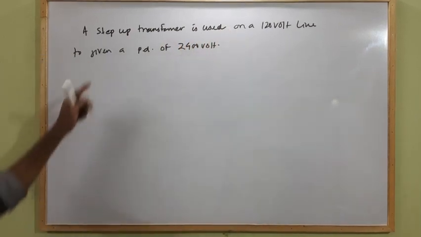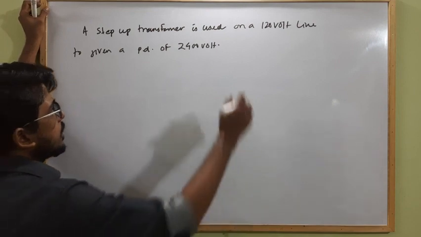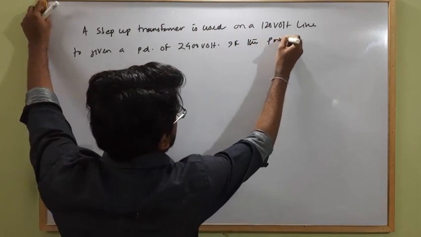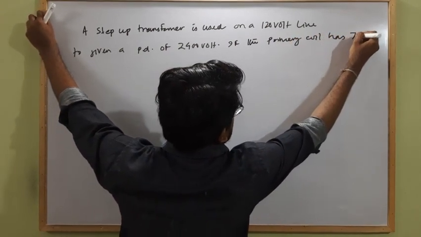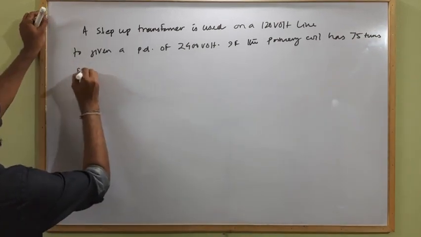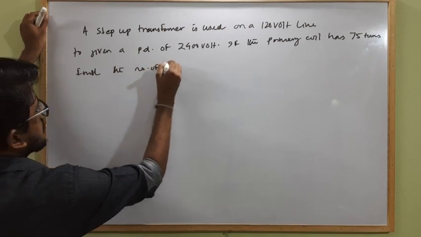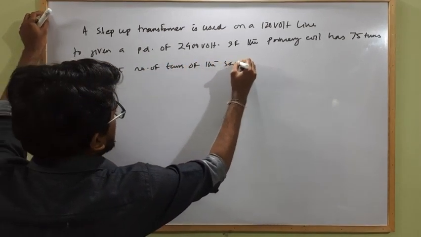Okay, a step up transformer is used on a 120 volt line to give a potential difference of 2400 volt. If the primary coil has 75 turns, find the number of turns of the secondary coil.